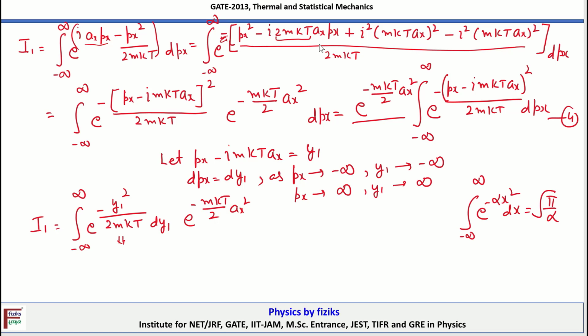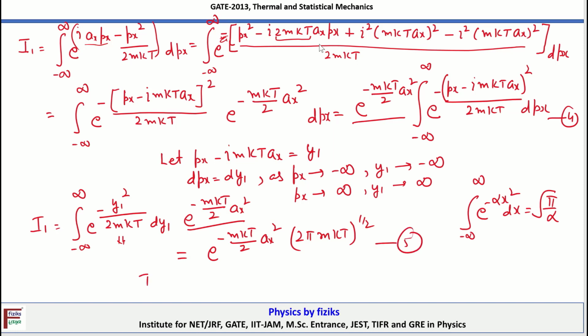If we make use of this integral, this turns out to be equal to, writing this first, exponential minus mkT by 2 a_x², and then multiplied by (2 pi mkT) to the power 1 by 2. Let me call this equation 5.